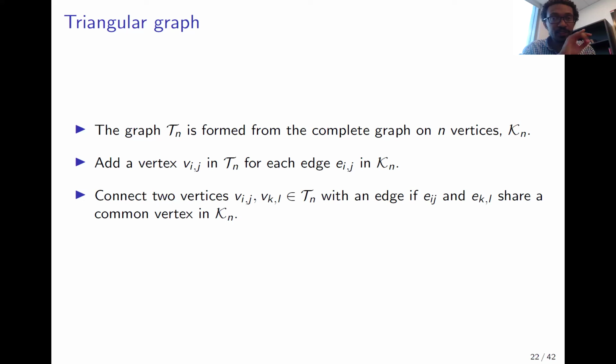Two vertices of the triangular graph, Vij and Vkl, are connected if the corresponding edges share a common vertex in the complete graph. Just one more time: we take the complete graph and form the triangular graph by adding a vertex for each edge Eij, and two vertices in the triangular graph share an edge if the corresponding edges share a common vertex in the complete graph.